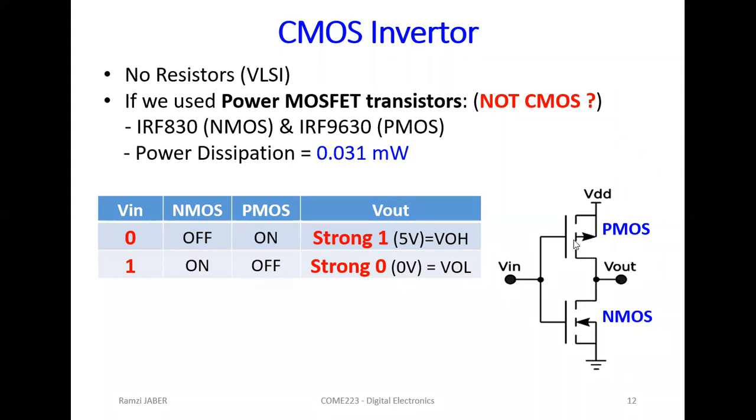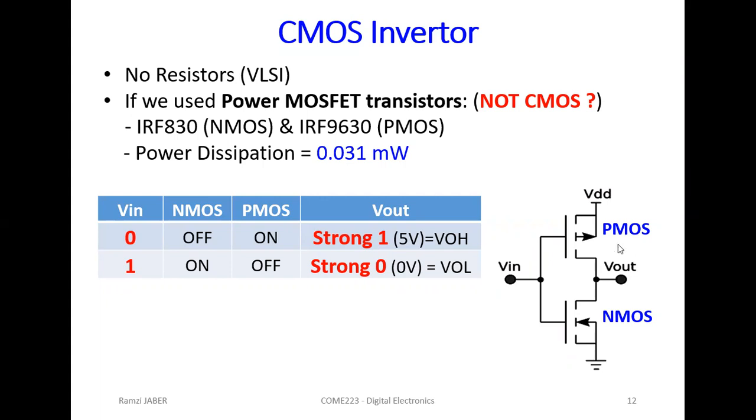So as you can see here, for V input 0, the NMOSFET will be off and the PMOSFET will be on. So we don't have current. We don't have a closed circuit here. The VDD will not connect to the ground at all.